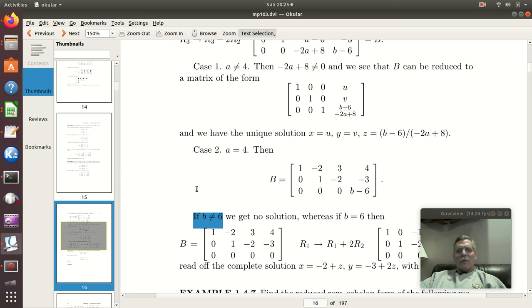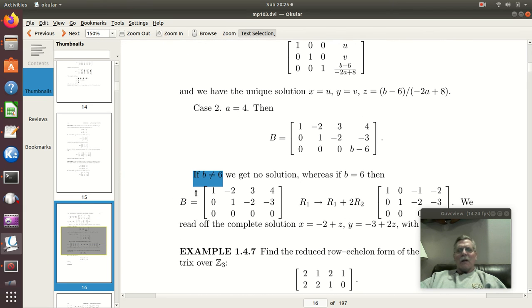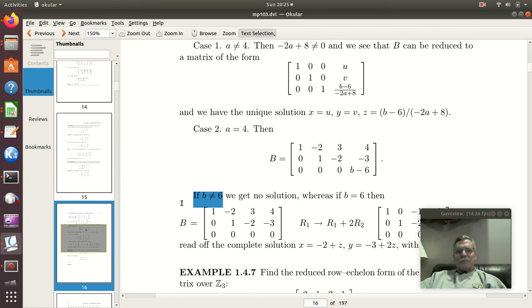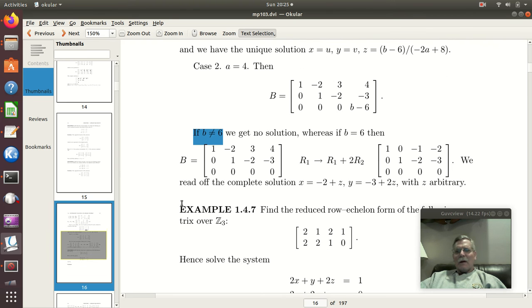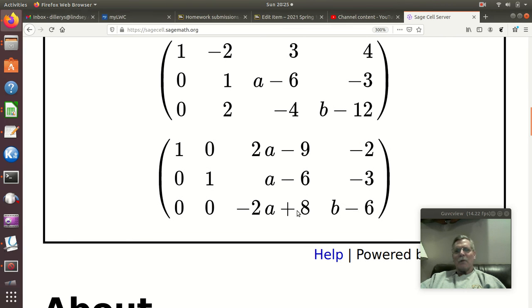Okay, so that would be no solution. And then if a equals 4 and b does equal 6, then we get 0 equals 0 down here. Both of those will be 0 if we come back here and look. We get 0 here and 0 there.